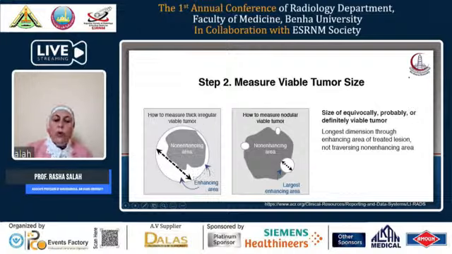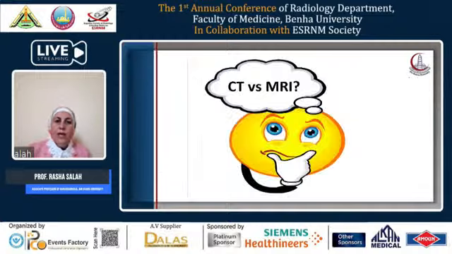So we select the largest diameter where we can see enhancement and measure the diameter like this. If the lesion is circumferentially viable, we measure the largest viable area located over here. But if we have just a peripheral nodular enhancement, we just pick up the largest nodule and measure the largest dimension for this large nodule.